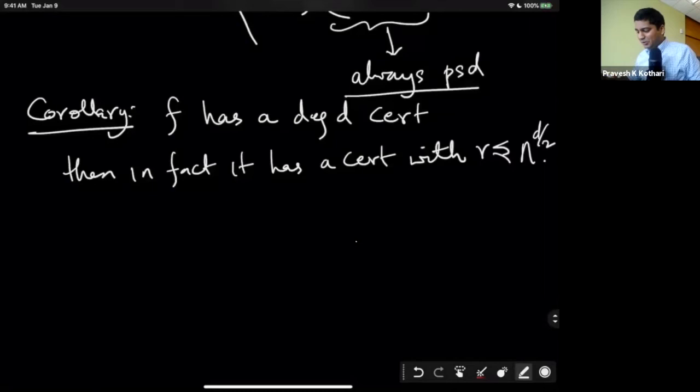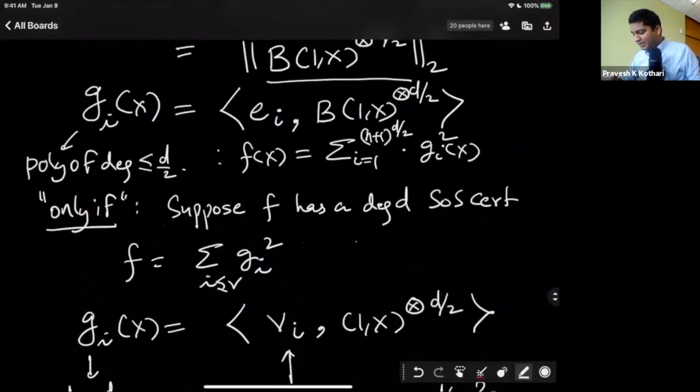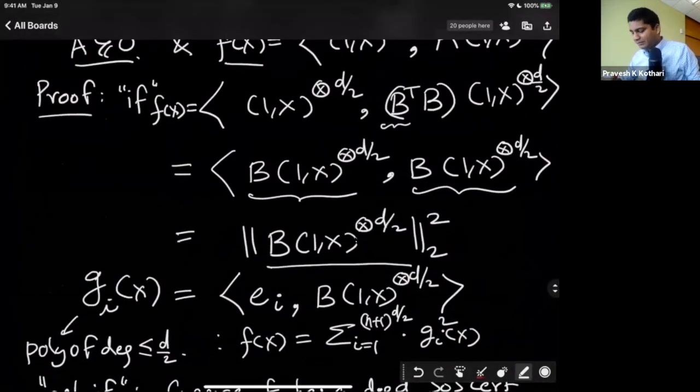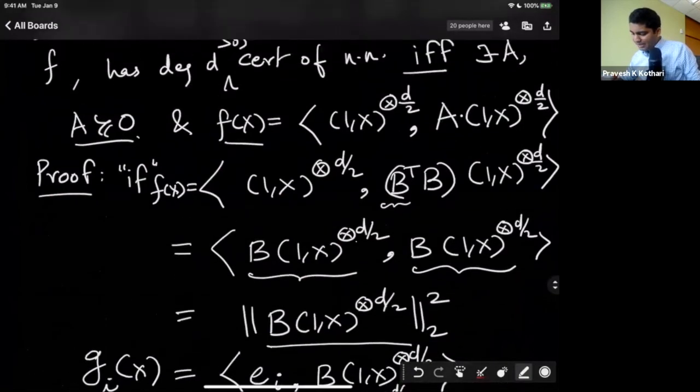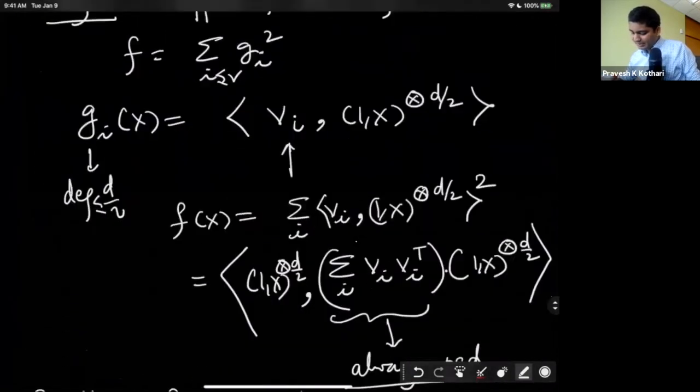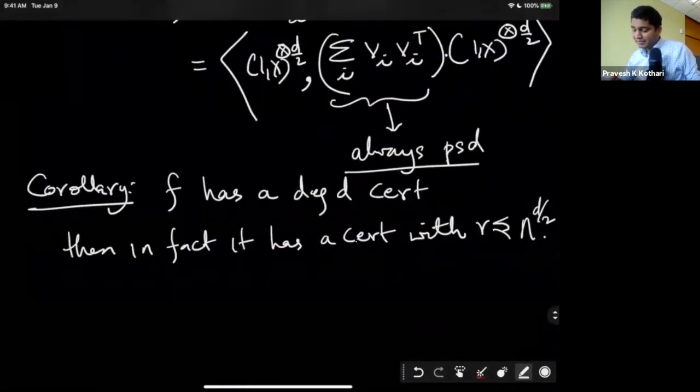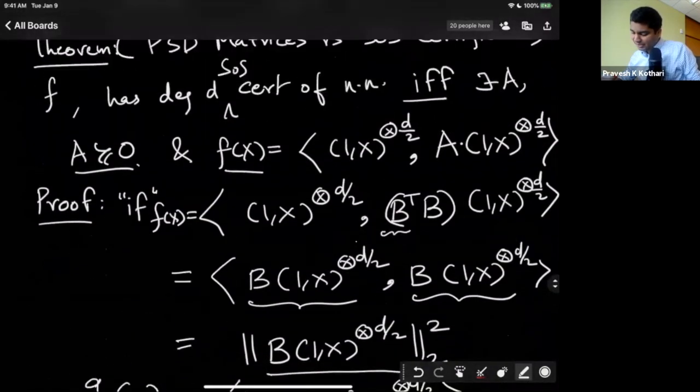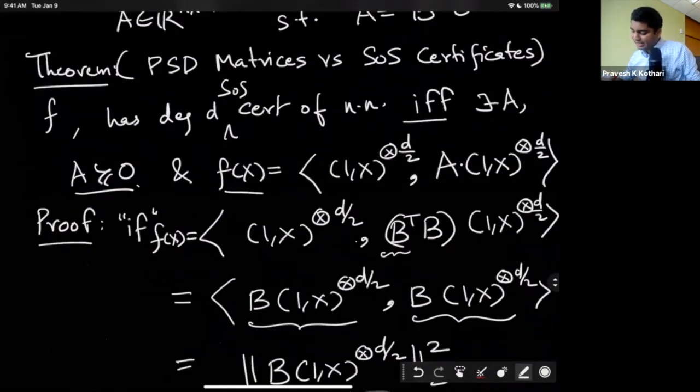Yes. So we actually constructed a very explicit representation, right? If you go back to our proof here, let's reason it this way: F has a degree D certificate. By applying this theorem, we know that F can be written as the inner product of this 1,x tensor to the D over 2 times A times 1,x tensor to the D over 2.